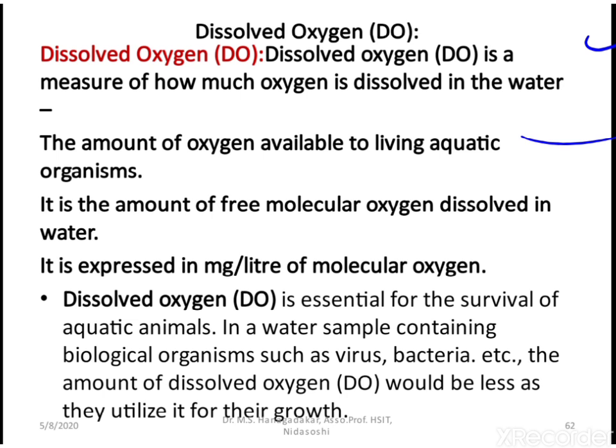Not only these organisms, but also microorganisms like virus, bacteria, etc., sustain their life in water bodies by taking dissolved oxygen to break down the organic matter present in the wastewater for their growth. These microorganisms, which live by using the dissolved oxygen present in the water, are termed aerobic bacteria or aerobic microorganisms.